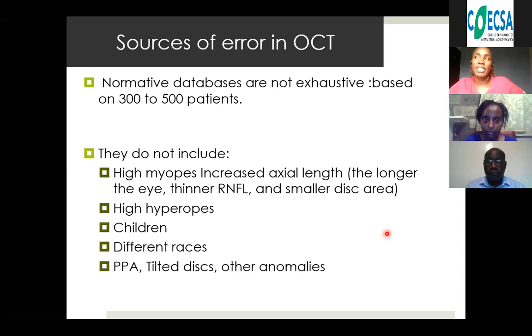When you have your printout, they're comparing with the database in the machine, so it's not exhaustive. Also, they usually just include normal patients. They don't include high myopes who have increased axial length, and of course, the longer the eye, the thinner the RNFL, the smaller the disc area. You're going to get red disease from that. Also, they don't include high hyperopes. They don't include children.